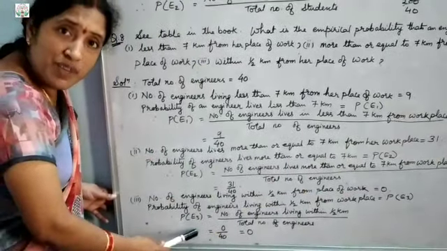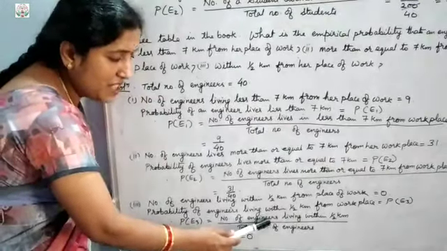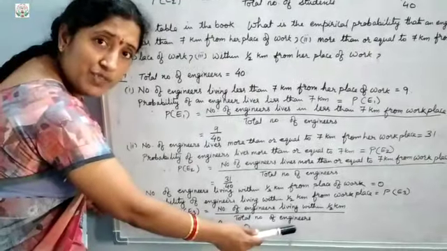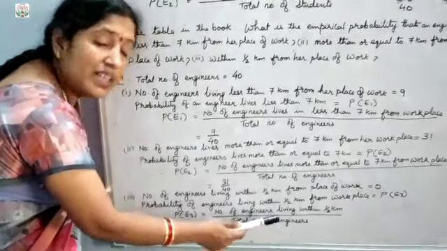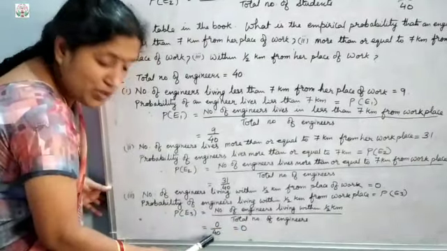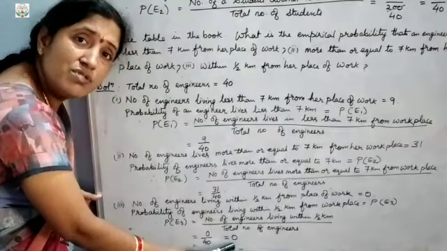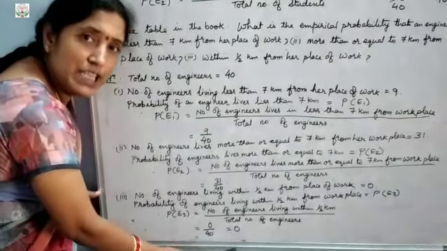Therefore, P of E3 equals the number of engineers living within half a kilometer upon the total number of engineers. How many engineers live within half a kilometer? That is 0. So 0 upon the total number of engineers, 40. So 0 upon 40 gives you 0 only. So the third one's answer is 0.